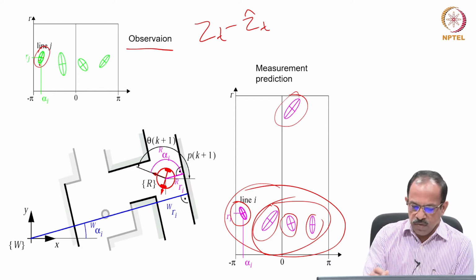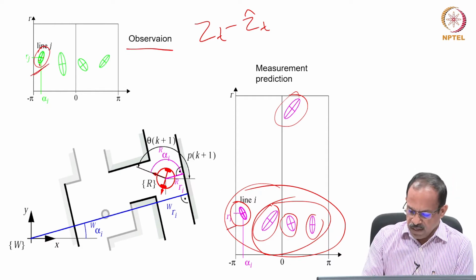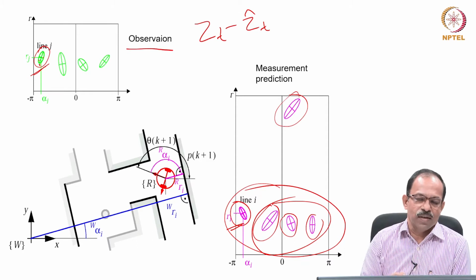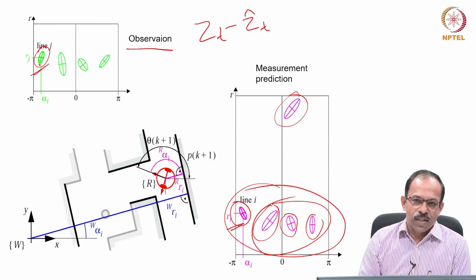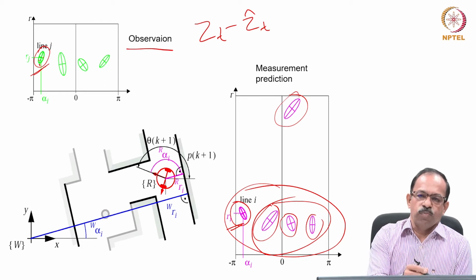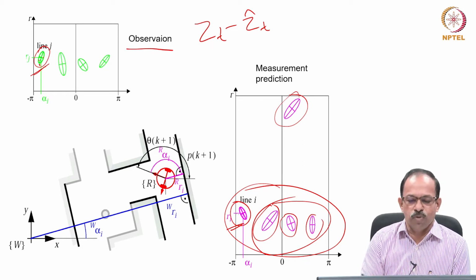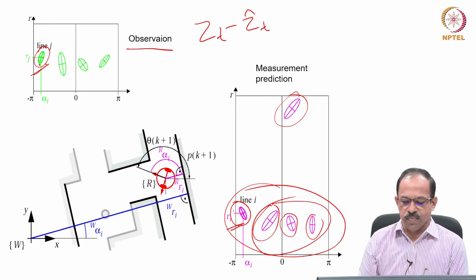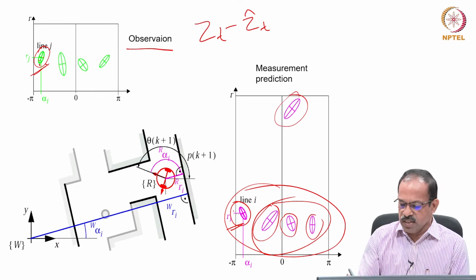If the difference between this one and this one is smaller than a particular value decided by the programmer, then we will say that what we are seeing and what is observed are the same, what it is supposed to see and what it is seeing are the same. Then we say that okay, these two are matching and the others are not matching with this.